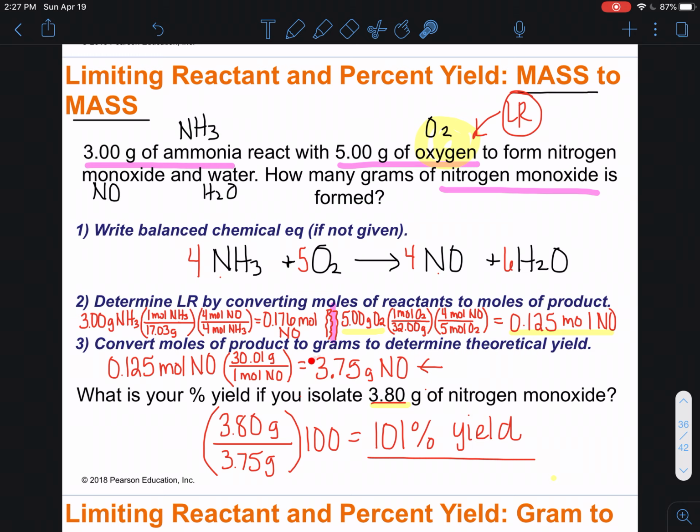That is my theoretical yield. And then I took percent yield. I got my theoretical in the denominator and my actual yield, which was given, in the numerator. Take the ratio of the two and multiply it by 100, and that is my percent yield.